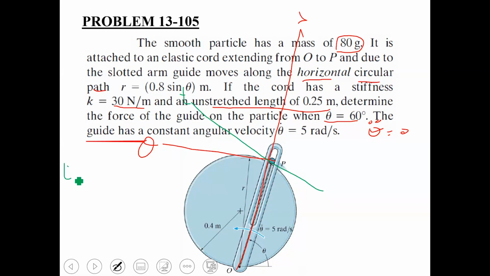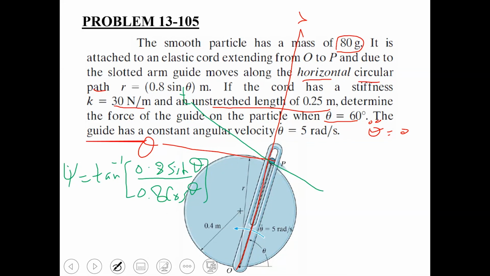So applying that formula of psi, which is tan inverse of r over dr by d theta. r is given to us as 0.8 sine of theta. What is going to be the first derivative of this r? 0.8 cos of theta.